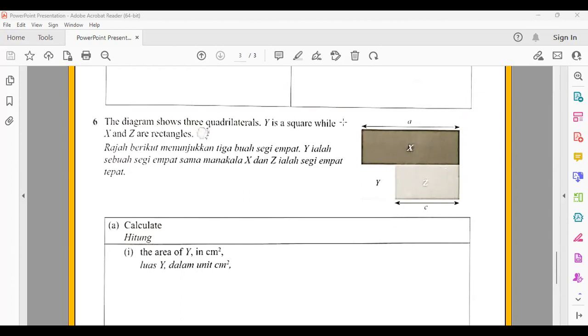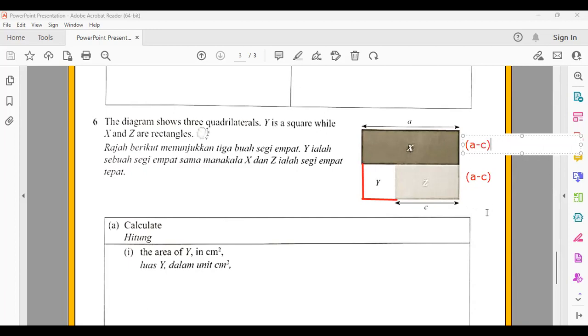Height also we know, correct? Because we know already, remember, this one is A minus C. That means this one is also A minus C. So your height for Z is A minus C, and your height for the other one is also A minus C.